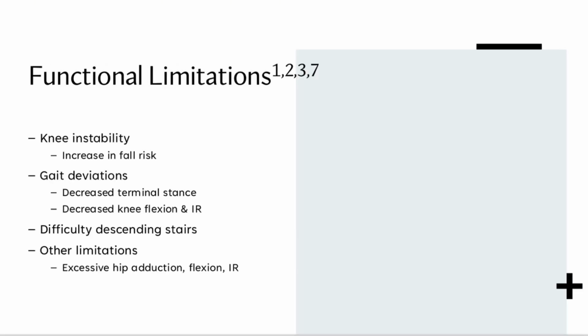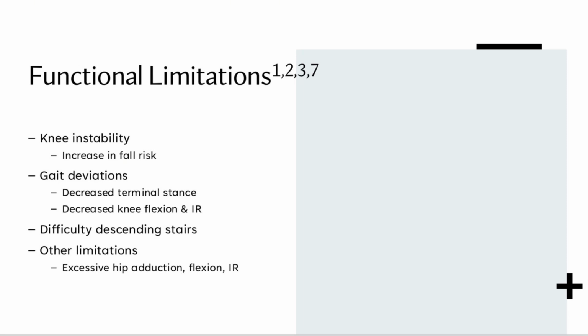Some of the functional limitations a patient may face if they have a PCL sprain include knee instability, because the patient no longer has normal restraint to posterior translation of the tibia, which could lead to an increase in falls due to the lack of stability.